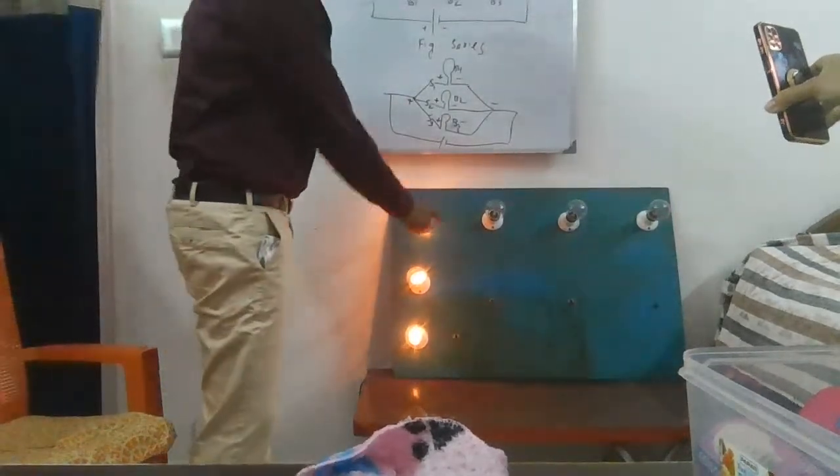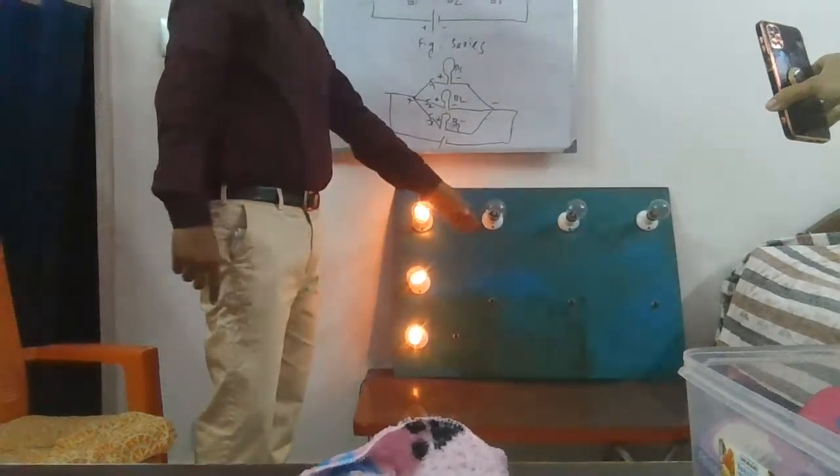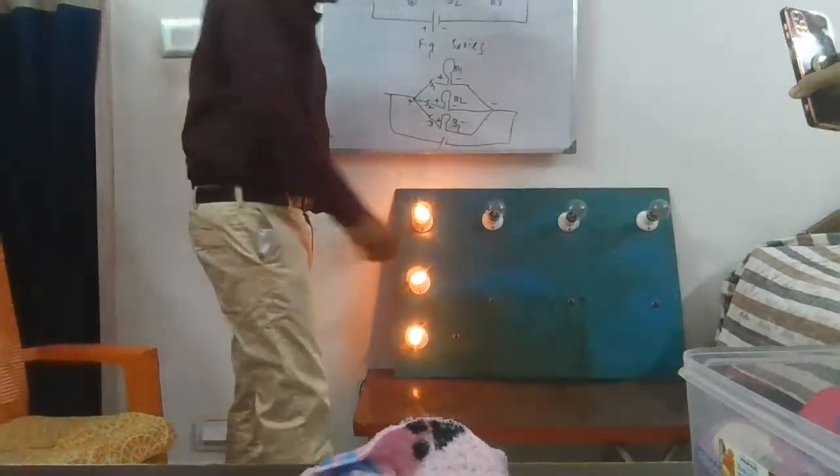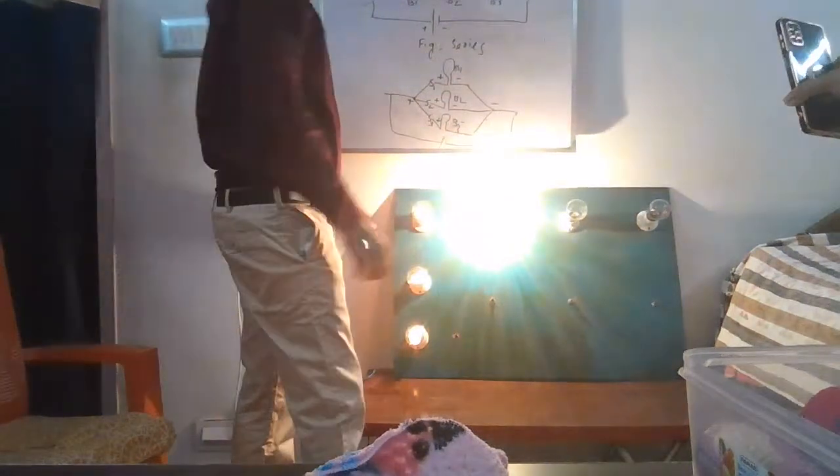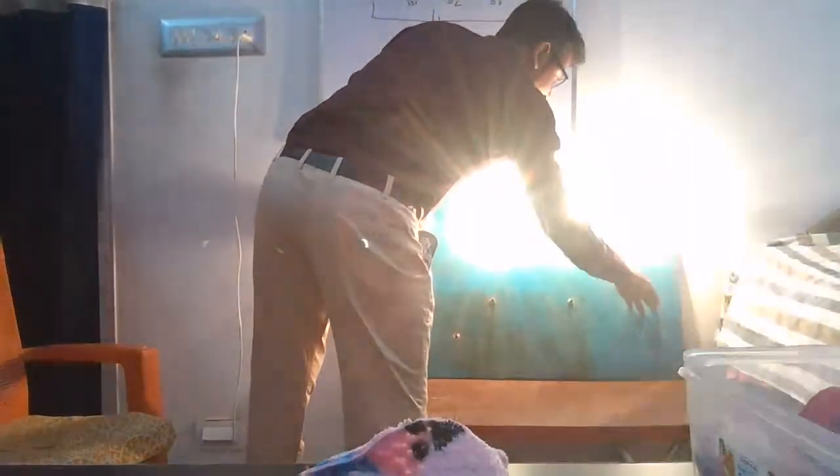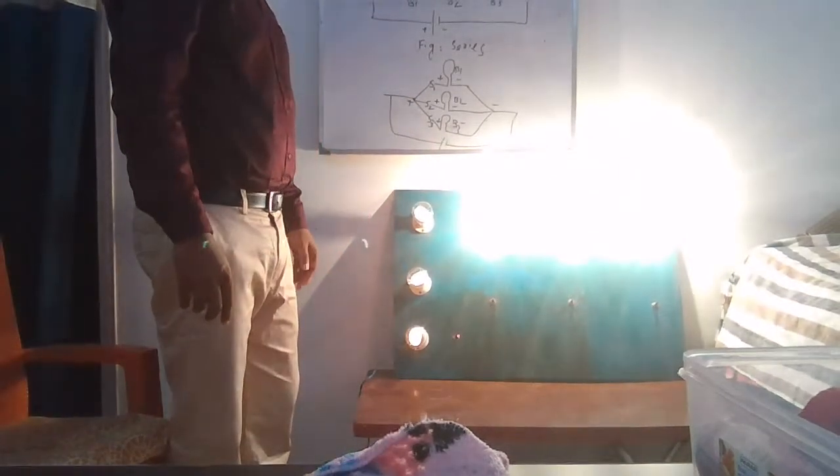But at the same time, when you apply 240 volts to the parallel connection, you see that in the parallel connection all the lights glow with full intensity. But in series, when you connect, the bulbs glow with less intensity. That is the fact.